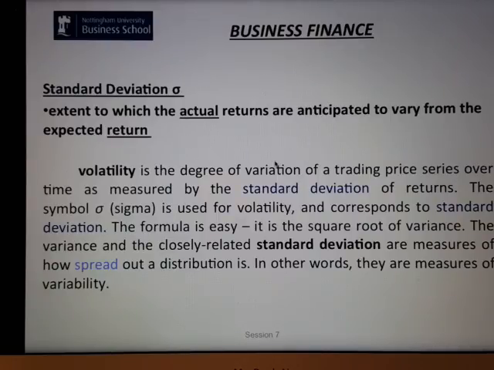Here I add some explanation on volatility, because in finance we treat variation of future cash flow coming in as risk, and since standard deviation is able to measure volatility and variance is able to measure the dispersion, we can actually use it to measure the risk in finance, statistical risk, with the symbol sigma.